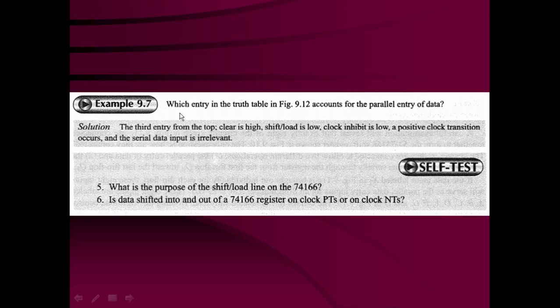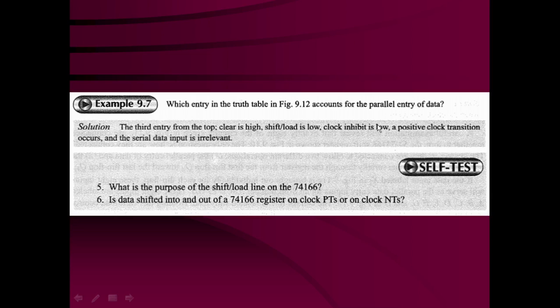Now one question related to this one. Which entry in the truth table in figure 9.12 accounts for the parallel entry of the data? Third line. The third entry from the top: clear is high, that means it is inactivated. Shift load control is going to be low, so this is for the parallel entry of the data. If the shift load is going to be high, that is the serial entry of the data.